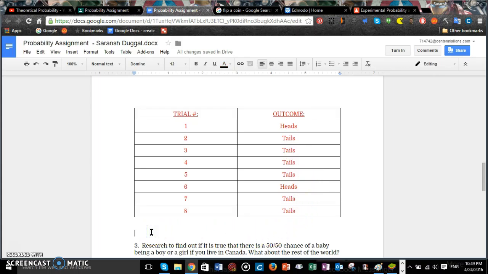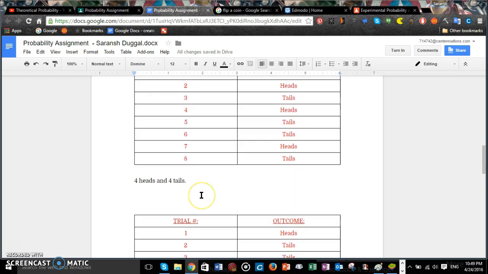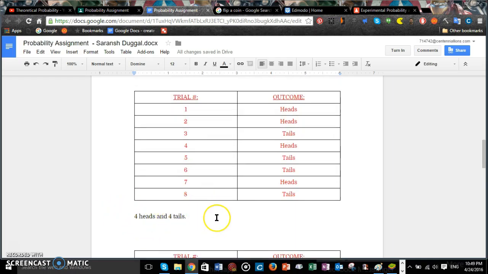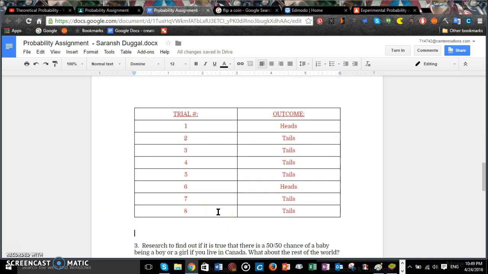Like I said before, last time's was coincidental. That's why we got 4 heads and 4 tails. But this time we got 2 heads and 6 tails. So not every time will the experimental probability and theoretical probability be the same.